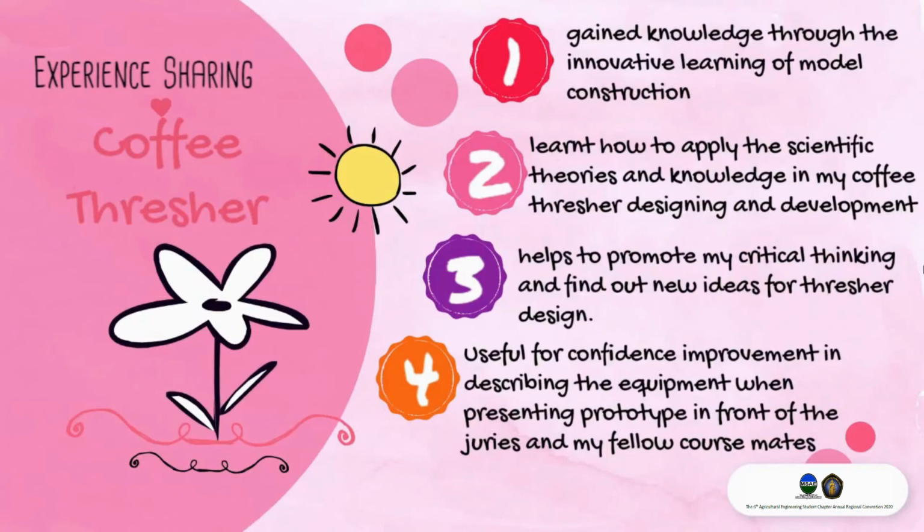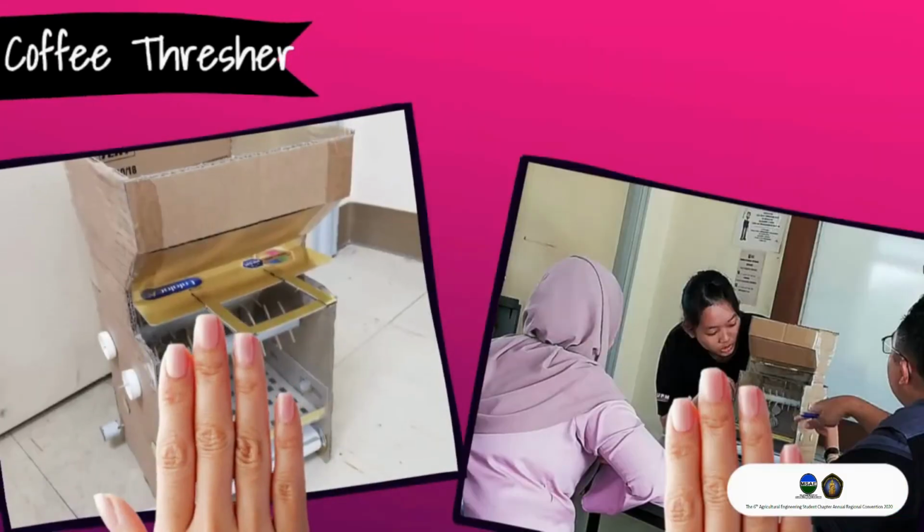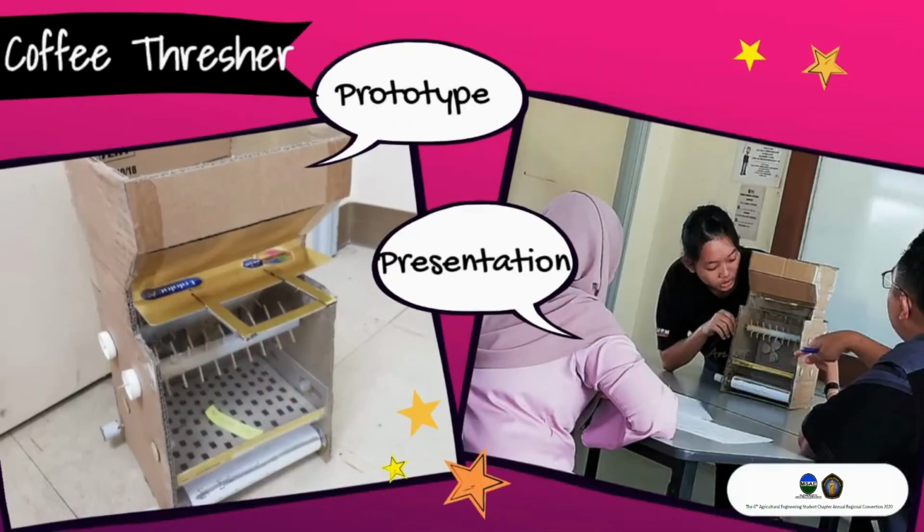We learn how to apply the scientific theories and knowledge in my coffee thresher designing and development. It helps to promote my critical thinking and find new ideas for thresher design, and is useful for confidence improvement in describing the equipment when presenting the prototype in front of the juries and my fellow classmates. This is my coffee thresher prototype, and also during my presentation.